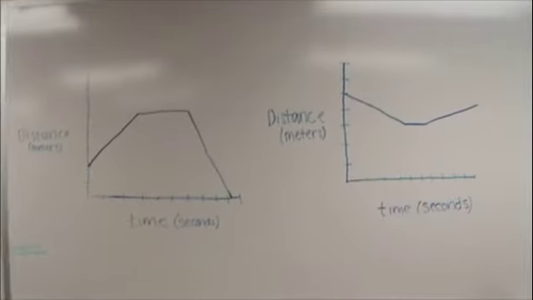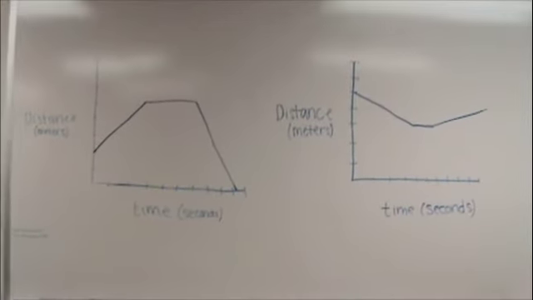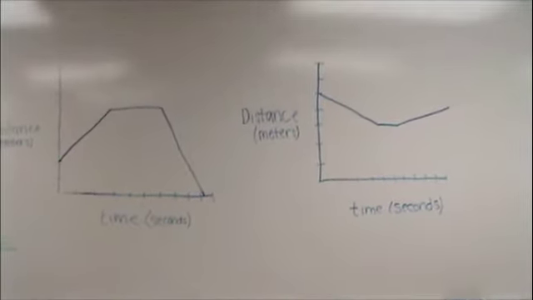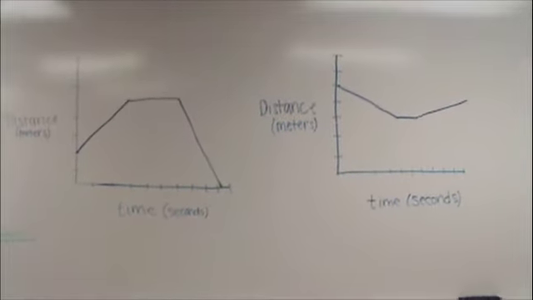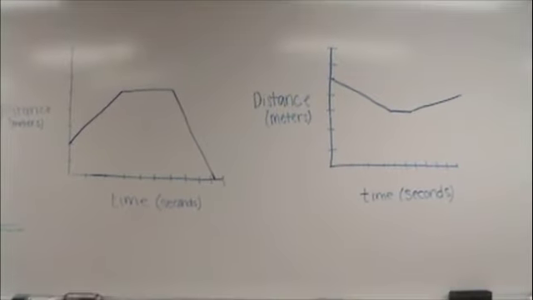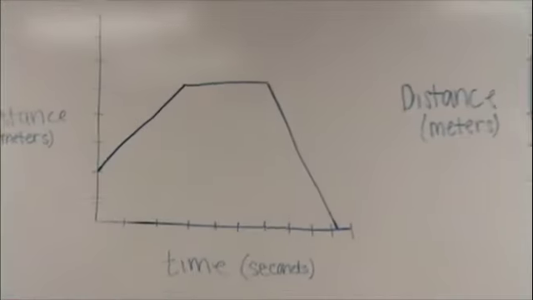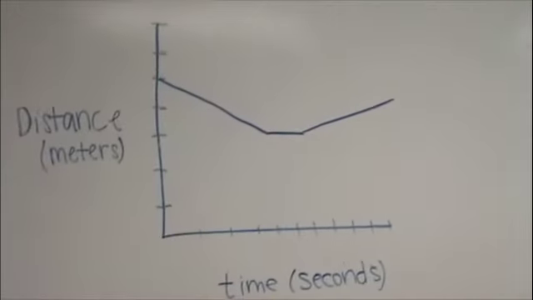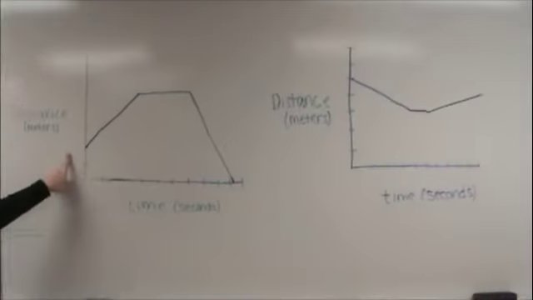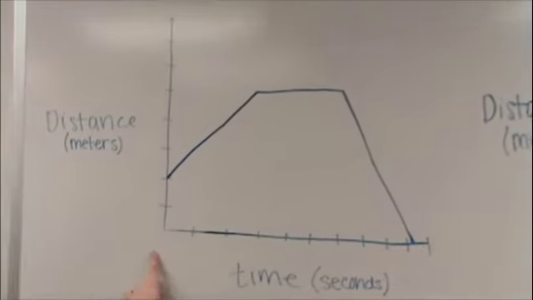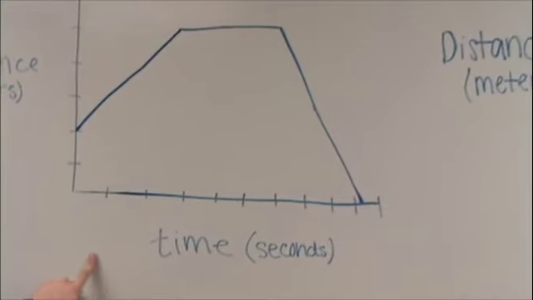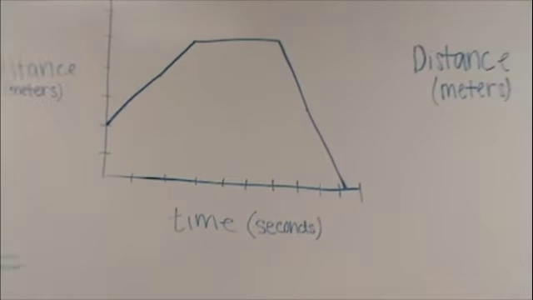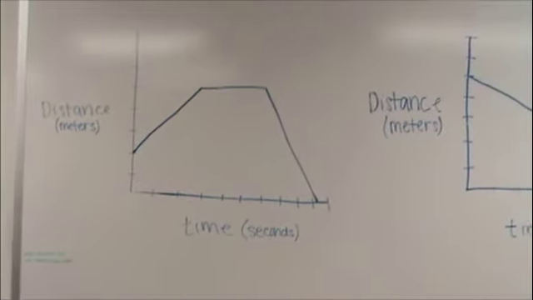Now that we have given you an explanation of how to use the CBR, we'll discuss what is going on in the graph that you are trying to match. Here we have 2 examples of graphs that you may see on your Match the Graph application. On the vertical axis, we have distance from the CBR. And on the horizontal axis, we have time in seconds from the time that the CBR started recording data.